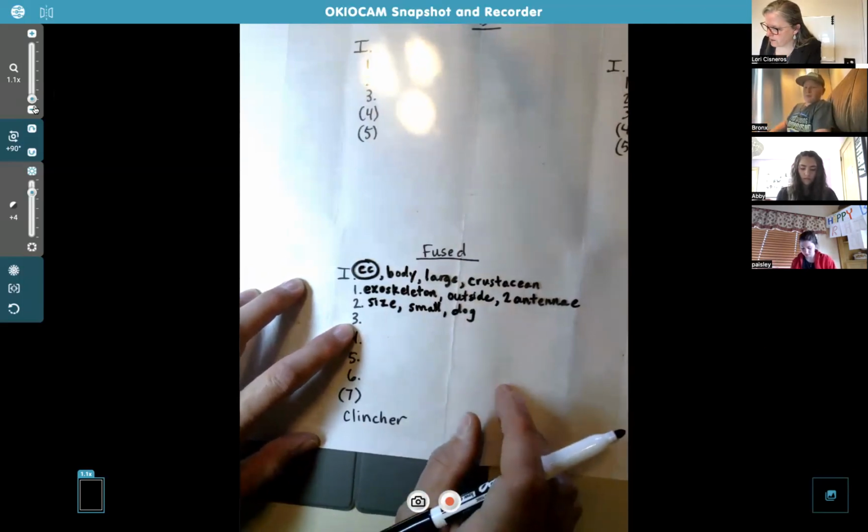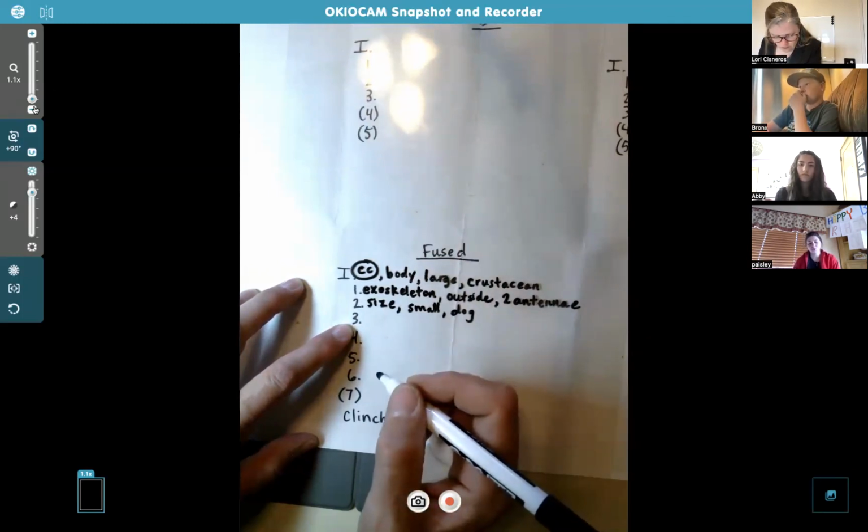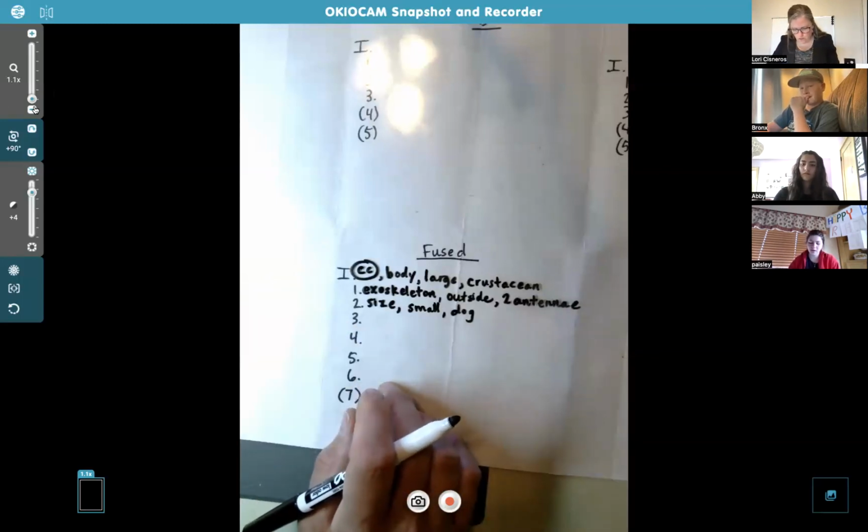Let's see. The females only go in water to hatch eggs. So female only, W for water, and eggs. Okay, so tell me the fact again. Only the females go to the water to lay eggs. Is that right?